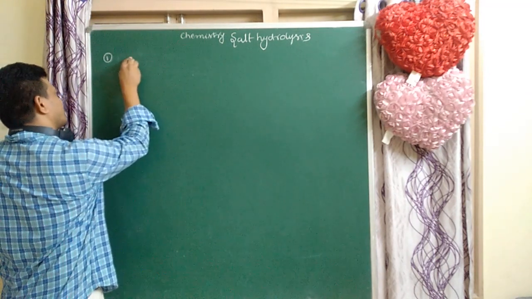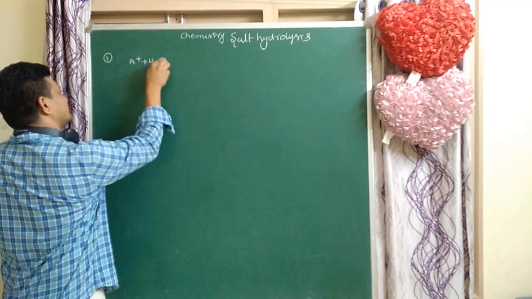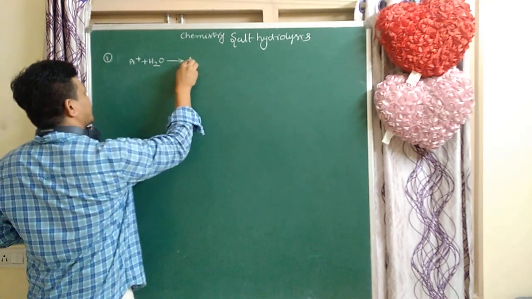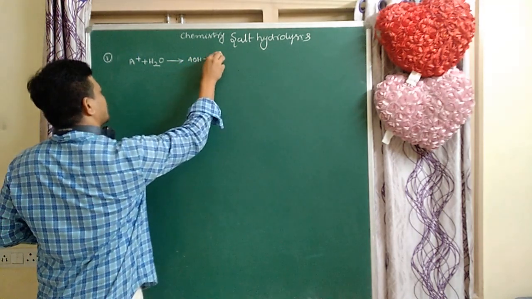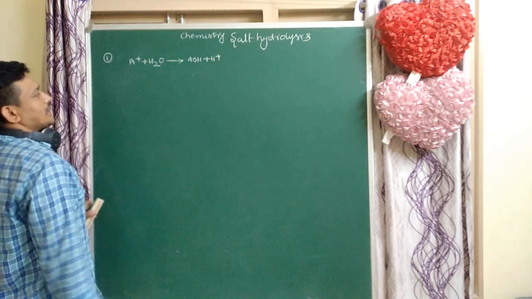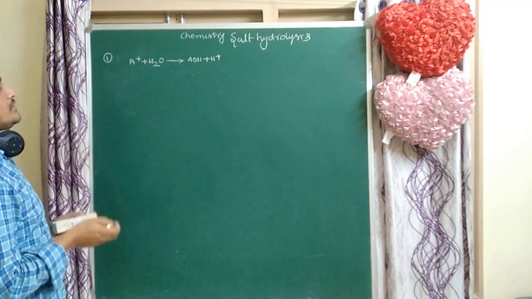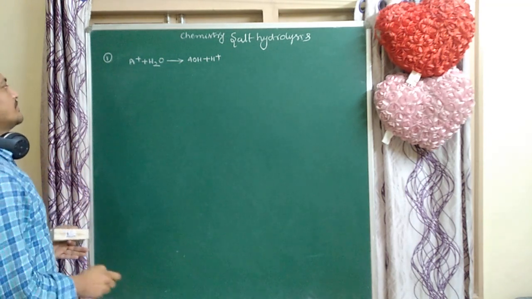For example, when the cation reacts with water, that is cationic hydrolysis. Here H plus is produced: the cation reacts with water to produce H plus ions in aqueous solution.